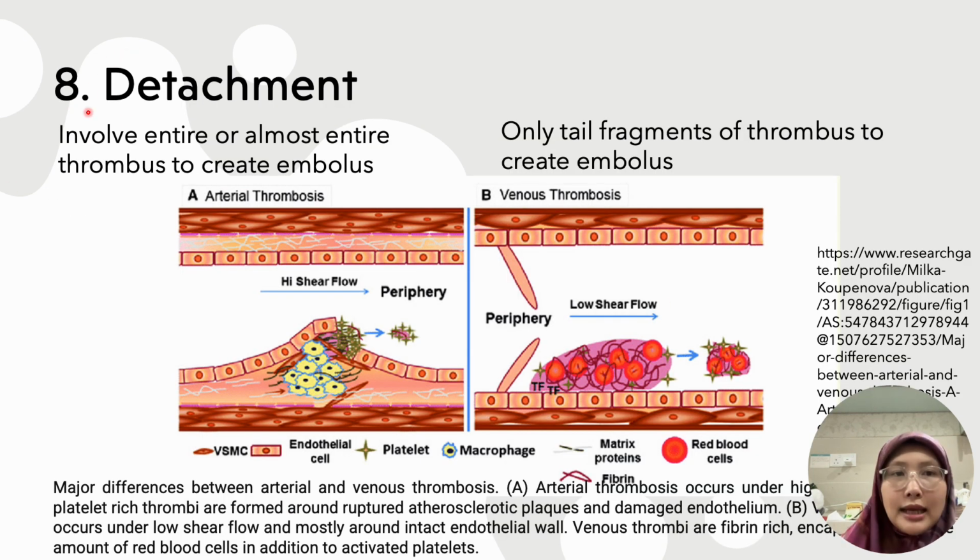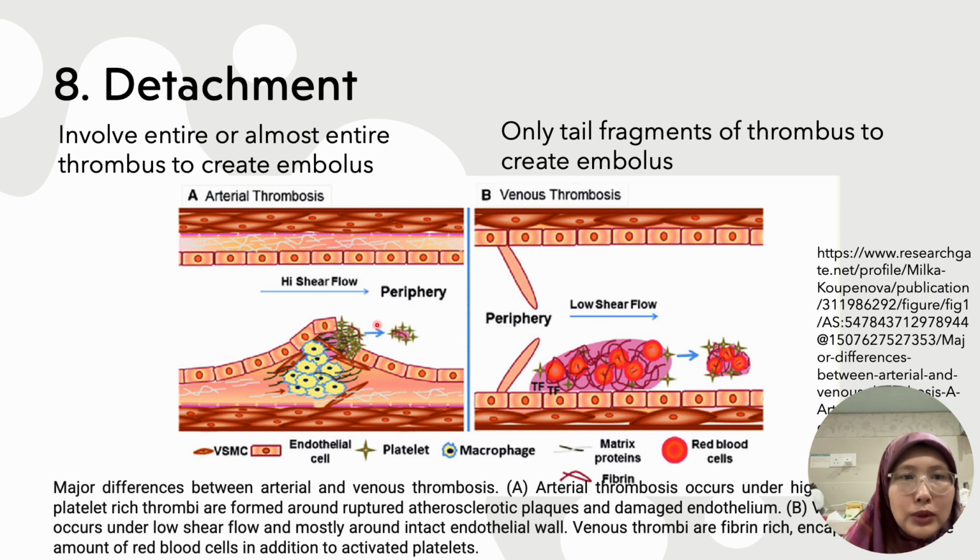The last one is detachment. In arterial thrombosis, the entire or almost entire thrombus is involved in creating the embolus. Arterial thrombosis occurs in high shear flow, and platelet-rich thrombi are formed around the ruptured atherosclerotic plaque, which will damage the endothelium.